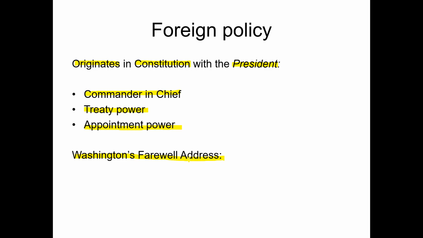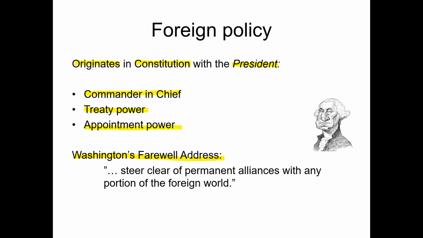And then, even under Washington's administration, there were conflicts between Britain and France. Washington's farewell address set the tone that lasted for a long time. Washington advised that we should steer clear of permanent alliances with any portion of the foreign world.